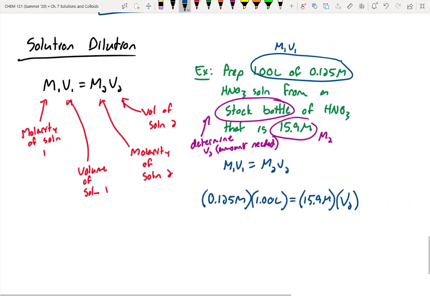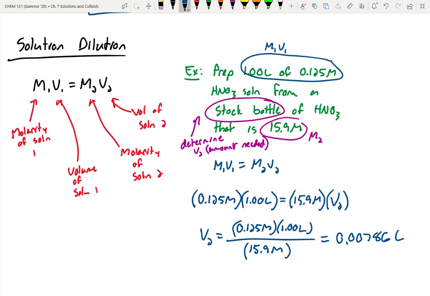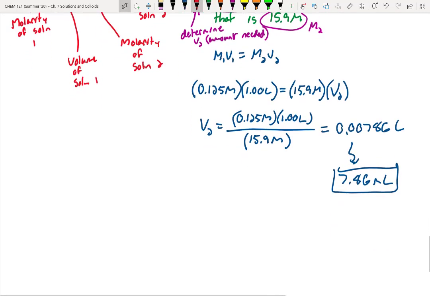So V2 in this case must be equal to 0.125 molar times 1 liter divided by 15.9 molar, which gives us a value of 0.00786 liters, which is the exact same thing, especially if we use sig figs, we can only have 3 of, as saying 7.86 milliliters.